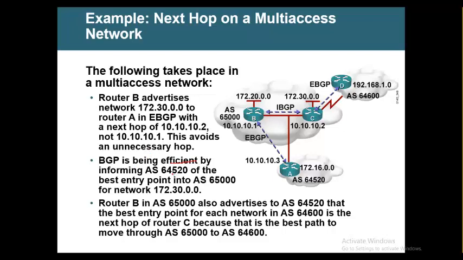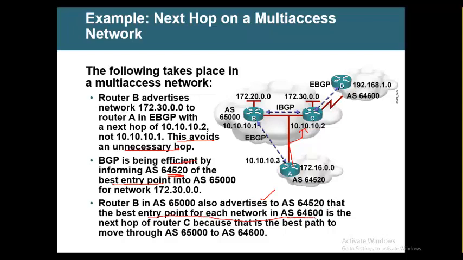BGP is clever. To avoid unnecessary hops, BGP is being efficient by informing A of the best entry point. The best entry point is like this. The router B in AS65000 also advertises to AS64600 the best entry point for each network.